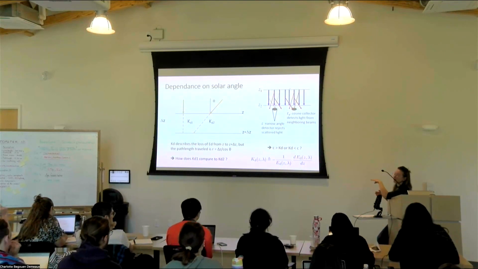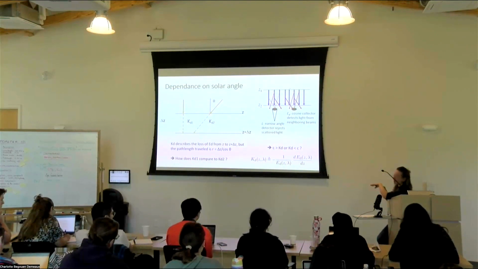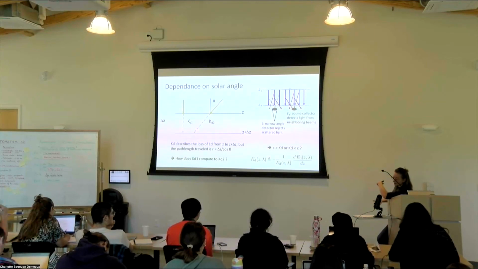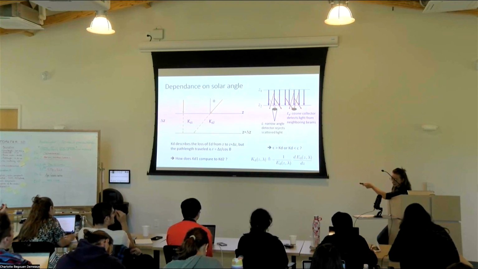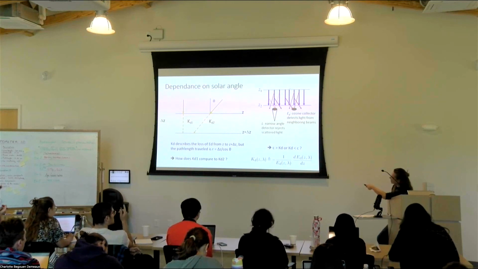The level at which you reach the same magnitude of light will be lower. Because c has less light coming in, for it, it'll look like it's attenuated faster. So because KD is how fast it's attenuated, c will always be bigger than KD, yes.